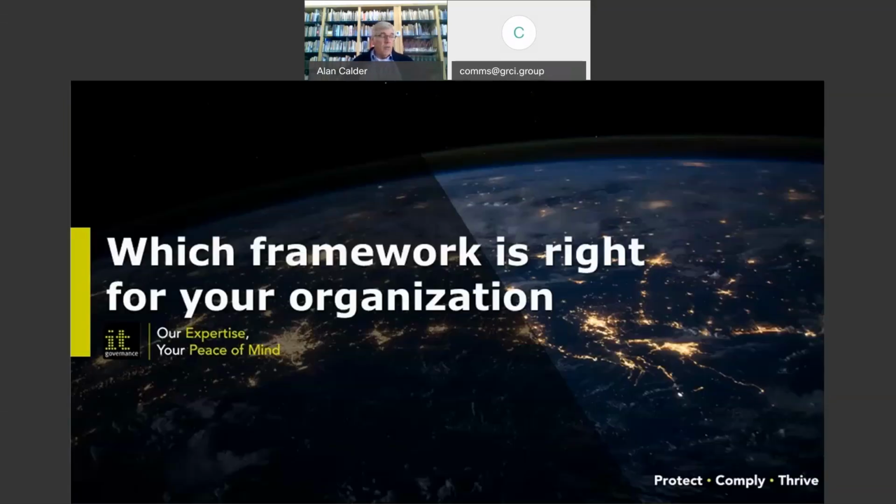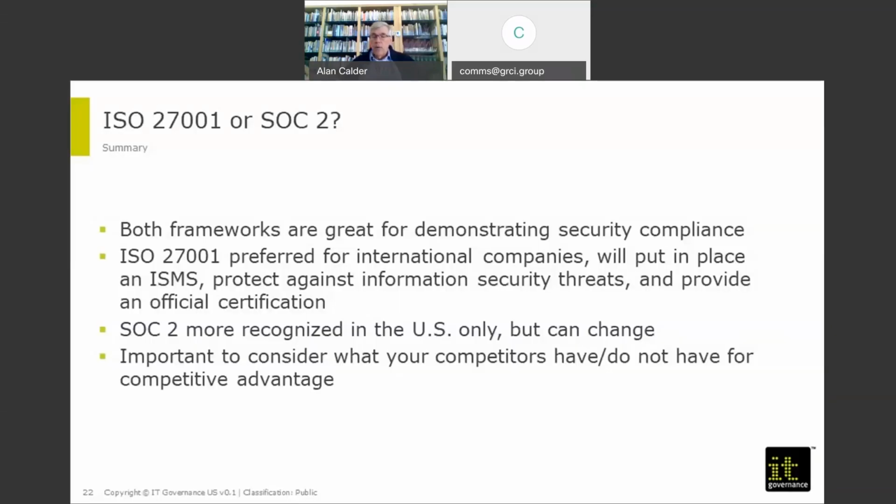Which framework is right for your organization depends on a couple of considerations. And we know organizations that have done both, because both frameworks are great for demonstrating security compliance. They've got different drivers. ISO 27001 tends to be the better standard for demonstrating international compliance because it's understood internationally. A German client will understand ISO 27001 from a US supplier.